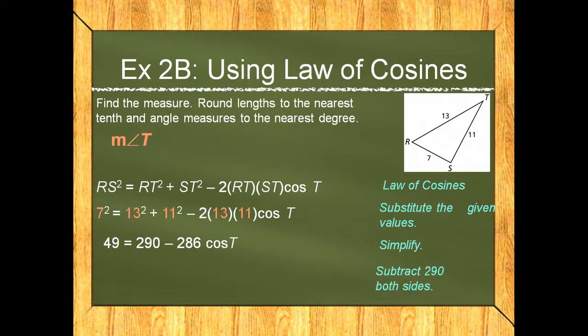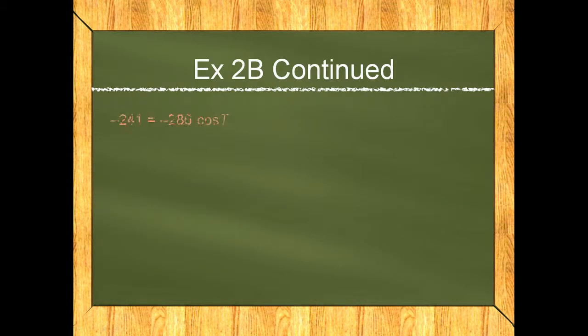So I subtract 290 from both sides, and I get negative 241 equals negative 286 cosine of T. Let's go on. I'm going to solve for cosine of T by dividing by negative 286 on both sides. Cosine of T equals 241 over 286. You know that they're no longer negative because negative divided by negative does give you a positive.